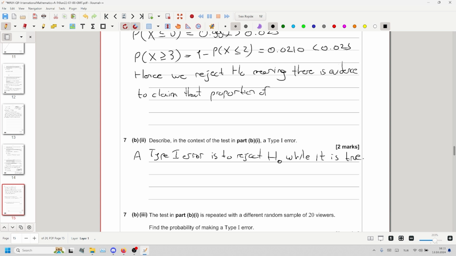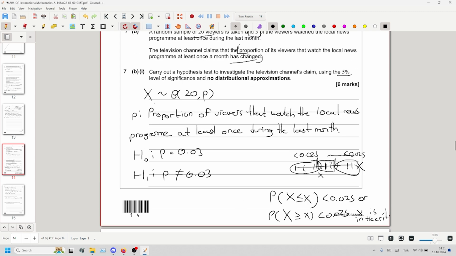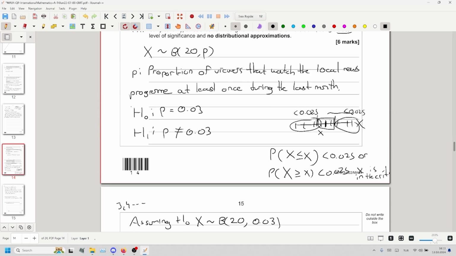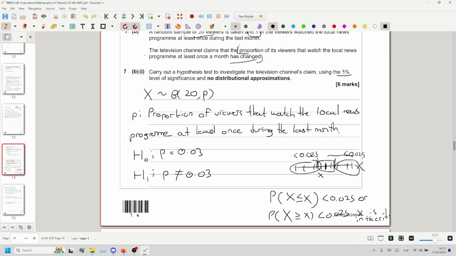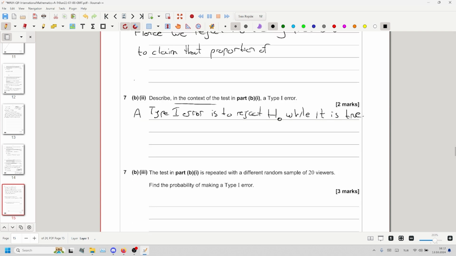And the important thing is that this wants to know what a type 1 error is in the context of the test. So to reject H0 is to claim that the television channel is right and the proportion of viewers at least once a month has changed while it has not.